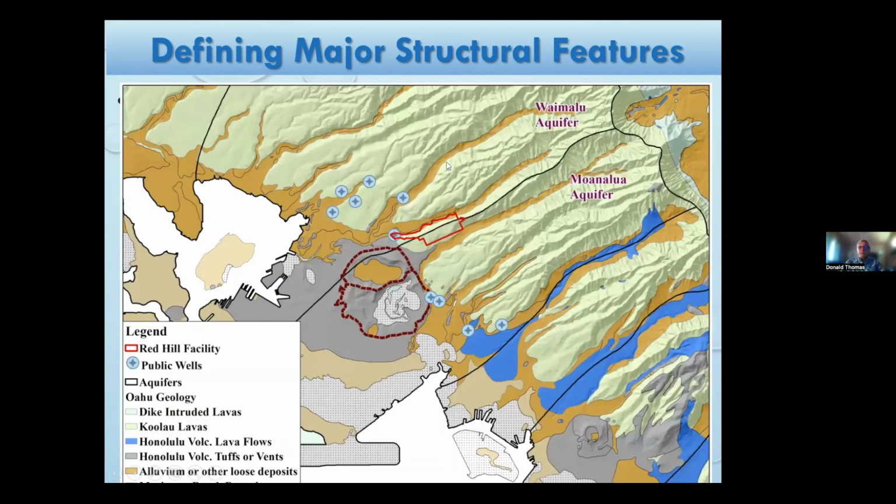We would like to apply this technique here in the North Halawa Valley and South Halawa Valley to develop a very detailed picture of how deeply incised those valleys were and how deep the alluvium and saprolite is able to penetrate into the water table and affect groundwater flow.